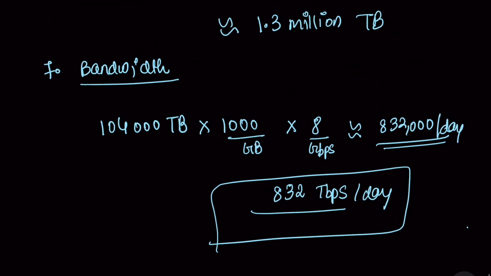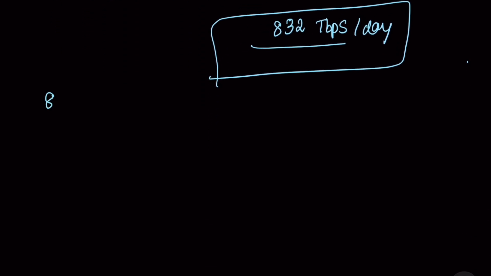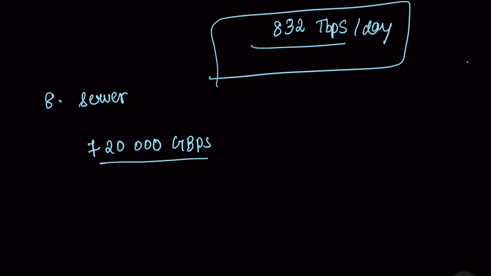And last but not the least, which is the server requirement, because we need to calculate the servers too that we will be needing. So for the server for 1 day upload, we are assuming that we have 720,000 GB, the video uploaded per day, divided by 100 terabyte per server.